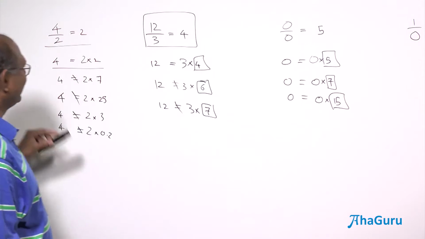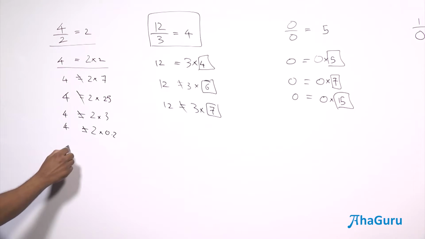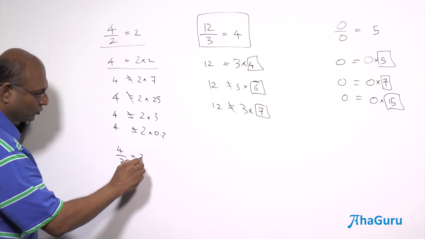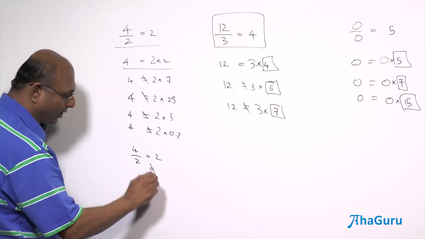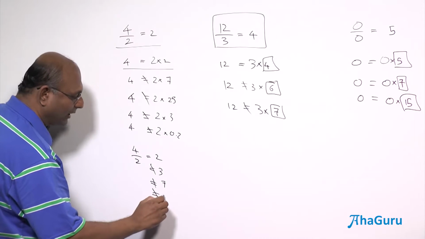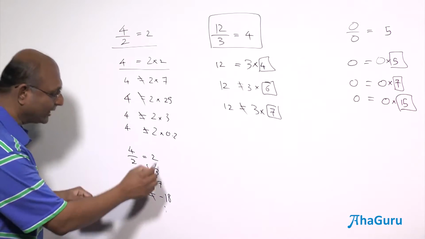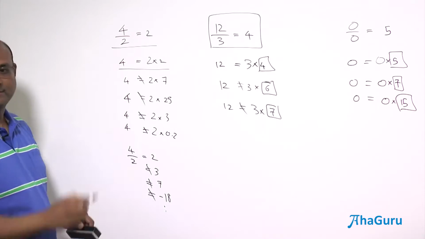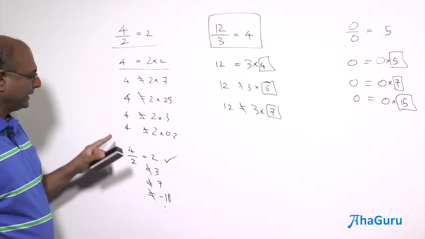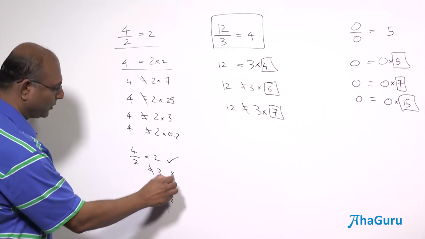So the real problem is, if I restate this idea, we are saying 4 by 2 is 2, and 4 by 2 is not 3, not 7, not minus 18. It is only this. Is 4 by 2 equal to 2? Yes. Is 4 by 2 equal to 3? No. Is 4 by 2 equal to 7?